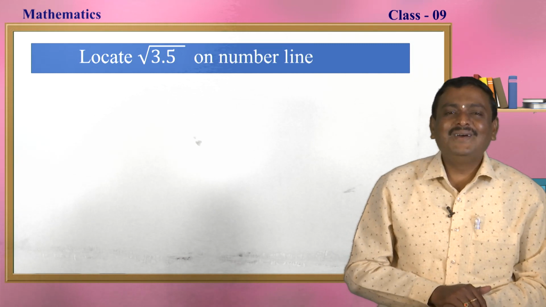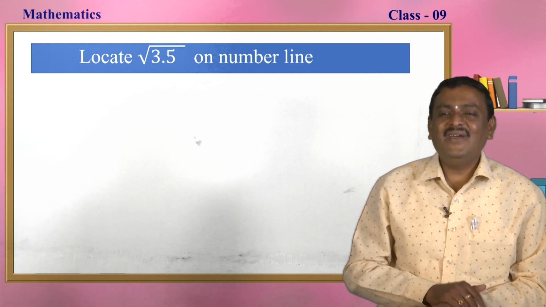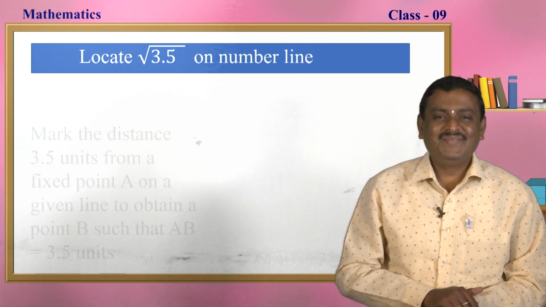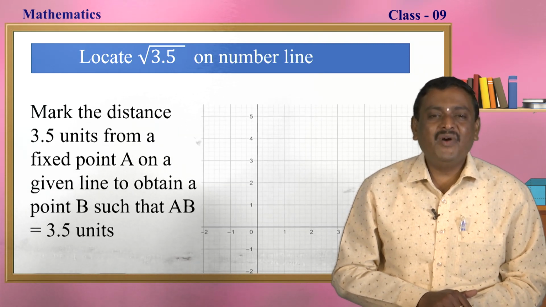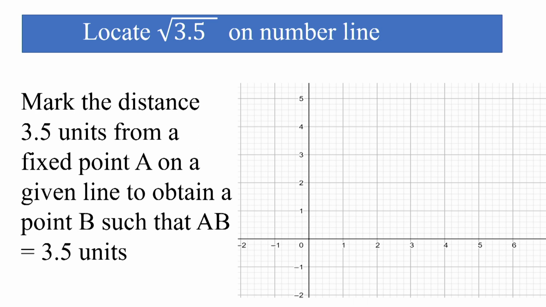Locate root 3.5 on a number line. What to do now? Mark the distance 3.5 from a fixed point A on a given number line to obtain the point B such that AB is equal to 3.5 units, my dear students.